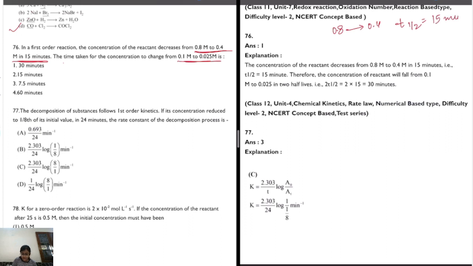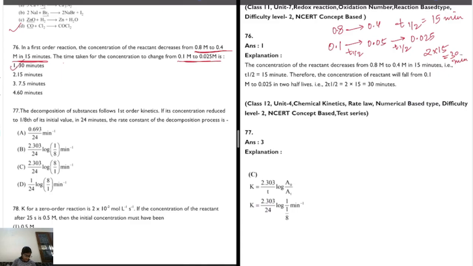It is reduced to half of its concentration. Now, for the change from 0.1, firstly it will go to 0.05, and then it will go to 0.025. Therefore, 2 half lives are required. Alright. And therefore, what would be the answer? Twice of 15 minutes, that is 30 minutes. So, therefore, this is the correct answer.